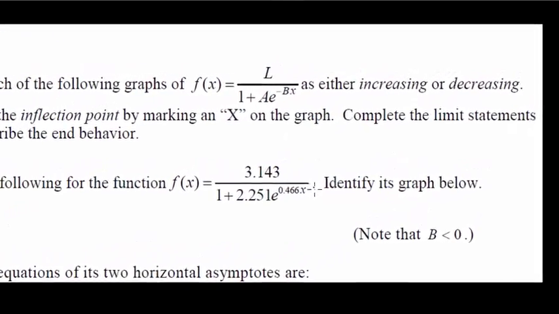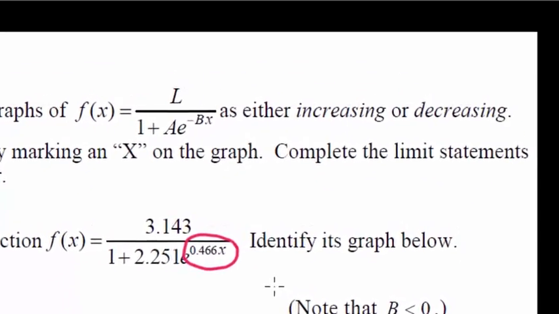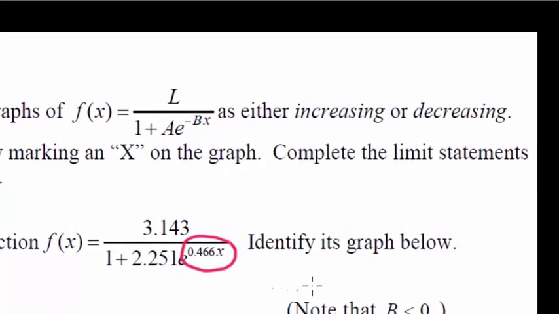So I'm decreasing, so I'm going to look at my exponent here and try to pick off my b component. So let's say this is e. Now remember that our formula always has a negative here, so this is e to the negative.